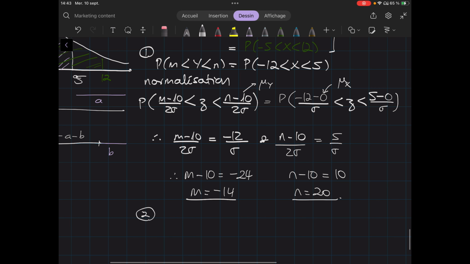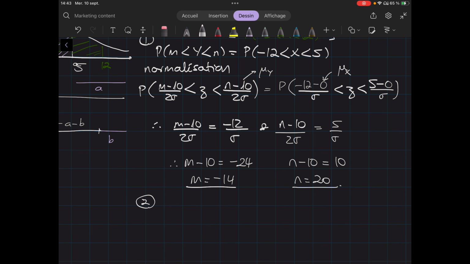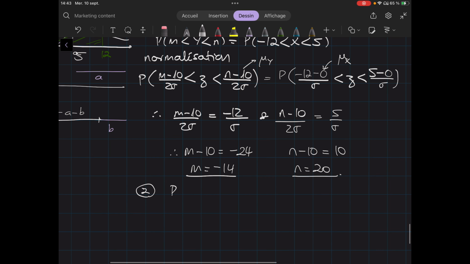C2 asks for the other possibility. So we'll do the normalization process again. But this time, x is between negative 5 and 12.